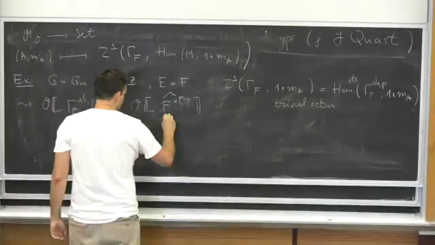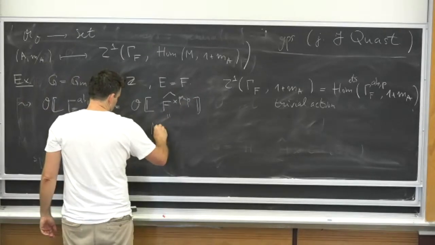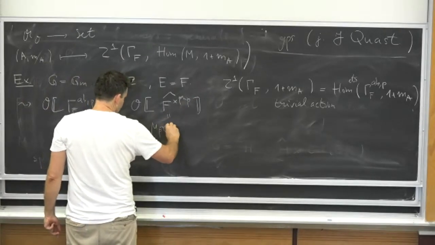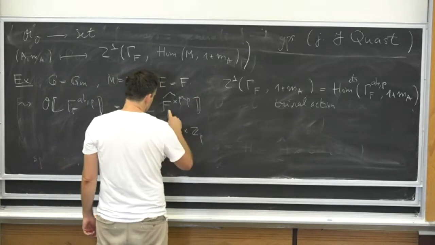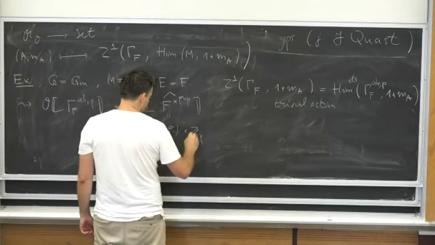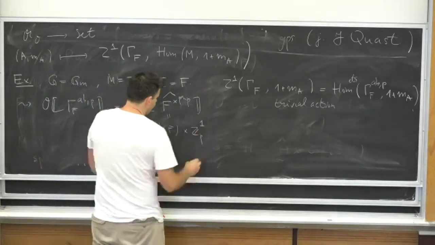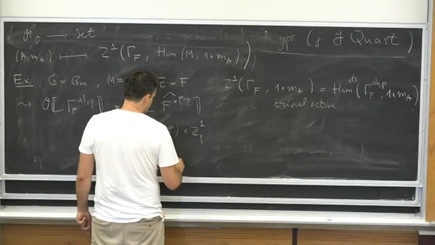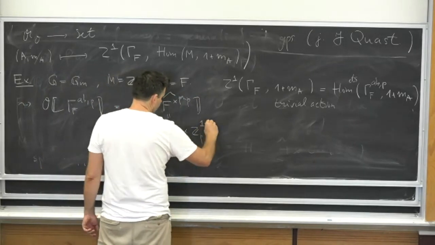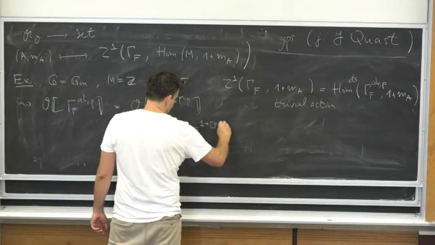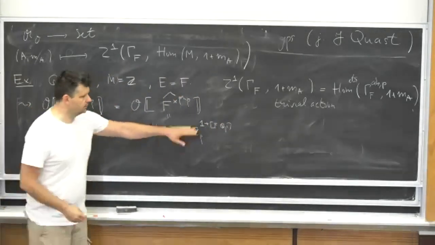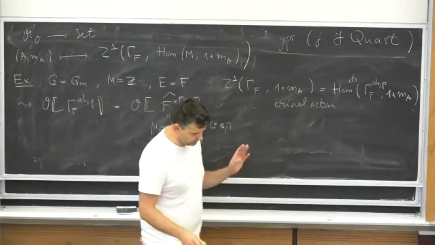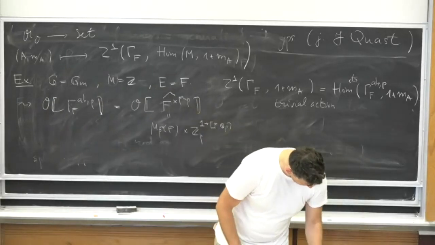But now, using these arguments, you can show that as a Z_P module, this is isomorphic to 1. This is for the unramified direction, and this is over Z_P. This is using some exponential and so on.